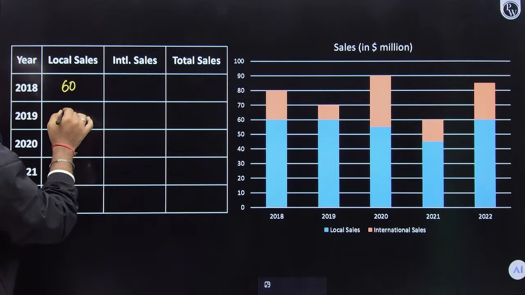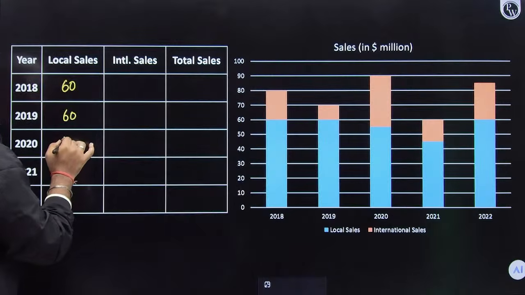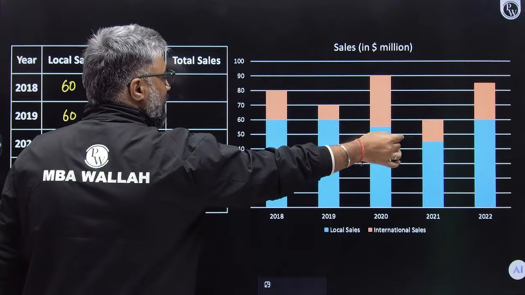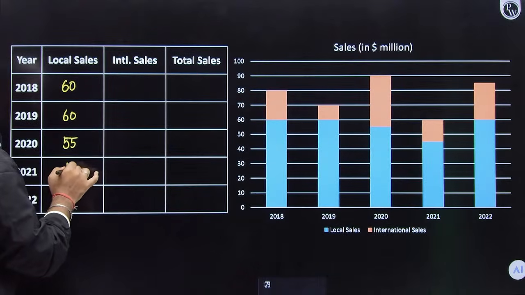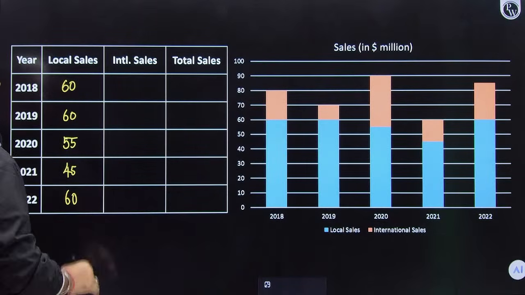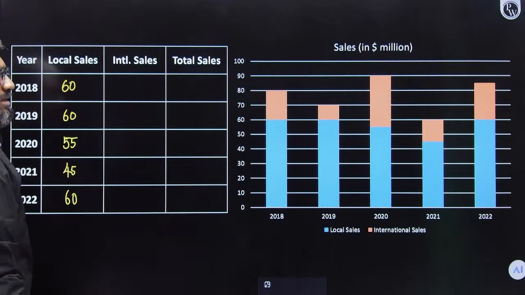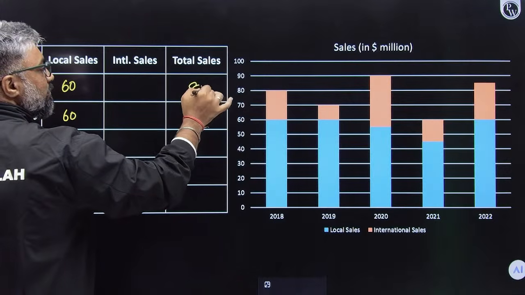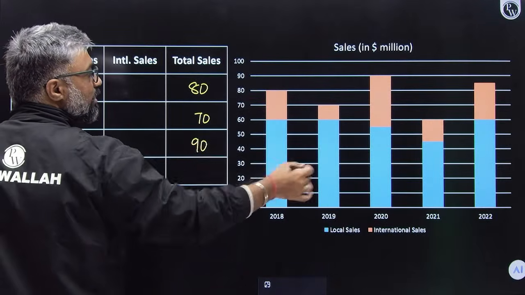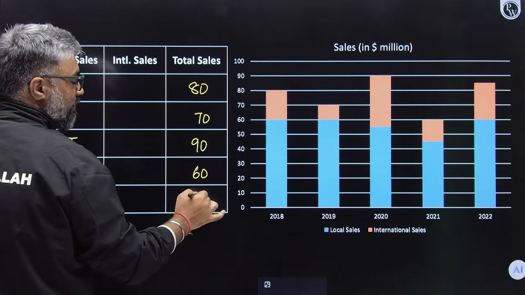This would be 60. This is also 60. This is between 60 and 50, so this would be 55. The next one is between 40 and 50, so it would be 45. The next one is 60 again. So local sales is done. Then if I can find out the total sales, I can subtract and write the international sales real quickly. So this is 80, this is 70, this is 90, the year after that is 60, and the year after that is 85.